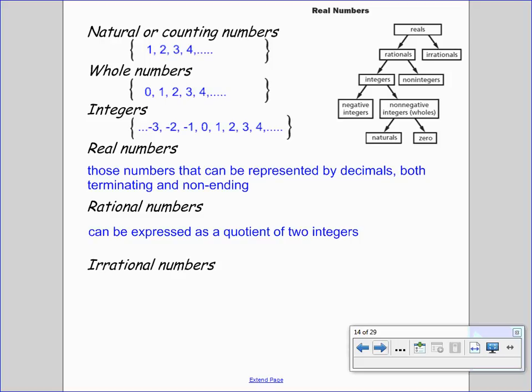They can always be expressed as a quotient of two integers, a fraction. So a rational number can be expressed as a quotient of two integers. I can write it as a fraction with integer numerator and integer denominator. As a decimal, rational numbers either terminate, that is stop, or they fall into a repeating pattern.